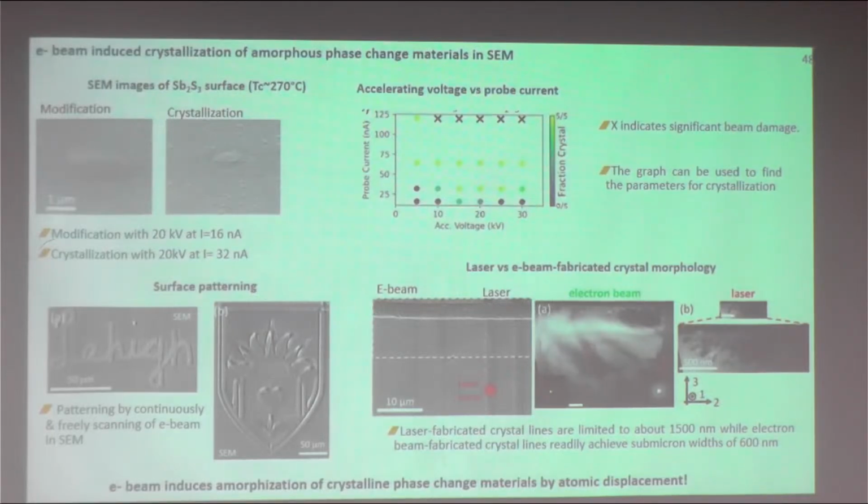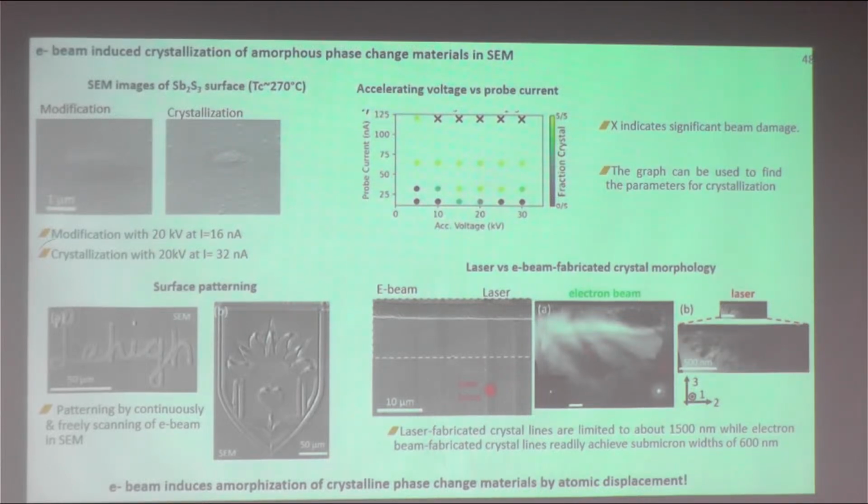But this is an interesting glass in the sense that you can also make some structural modifications of this glass. So what you can do, if you start with amorphous material, is induce crystalline areas in this material by using a scanning electron beam.